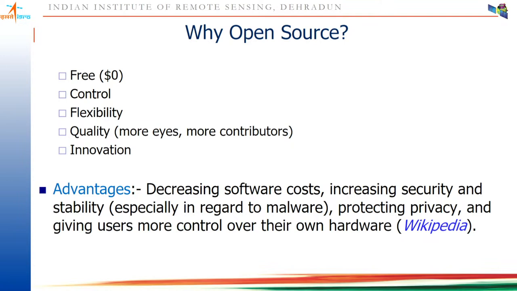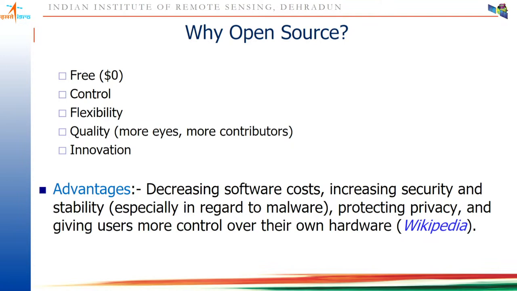Now, since these are not developed by a single company or a single developer, there are many volunteers who are developing this software. So you have more eyes, that is, more people working on it, more contributors. So the quality of the software is better as compared to its counterpart, which is also called the closed source software.